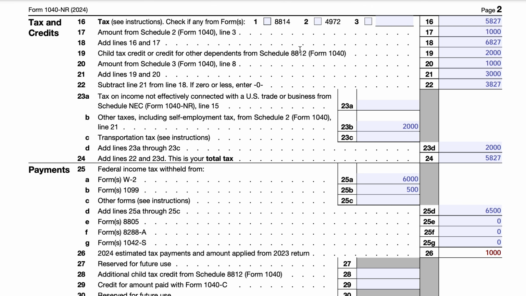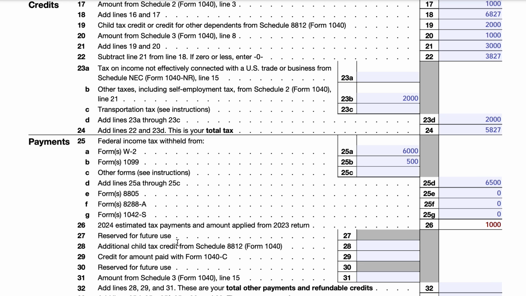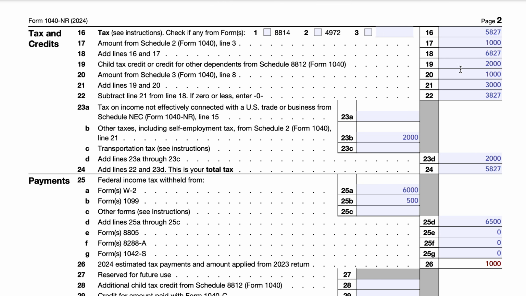This is the non-refundable portion of the child tax credit, and the credit for other dependents is always a non-refundable credit. But there's a portion of the child tax credit known as the additional child tax credit that is a refundable credit. So let's imagine we put here $2,000. Let's imagine that that's actually supposed to be $1,400.